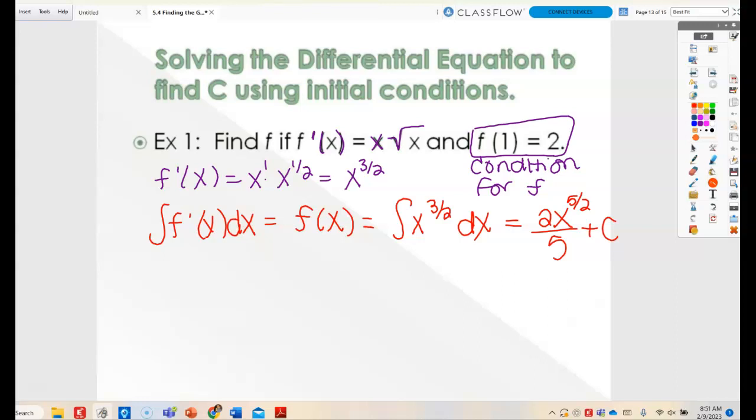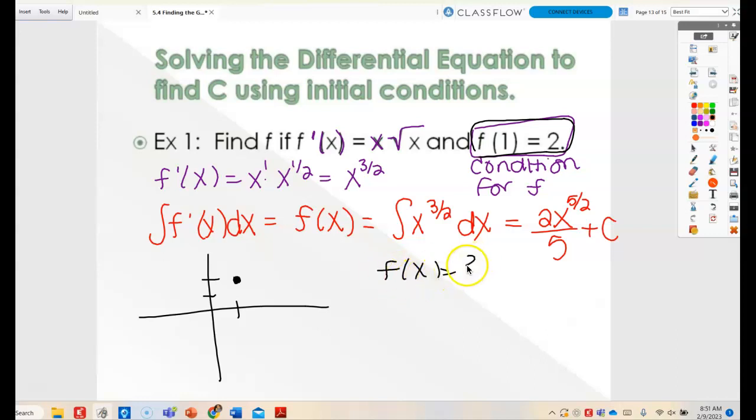But I know that this function f must pass through the point 1, 2. Which means that my function cannot live arbitrarily anywhere in the universe because my function needs to go through this point. So if f of x equals 2/5 x to the 5/2.